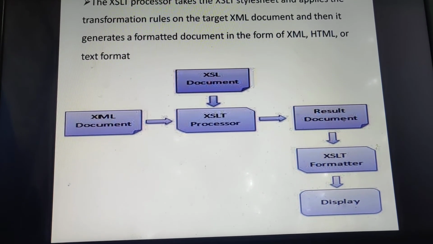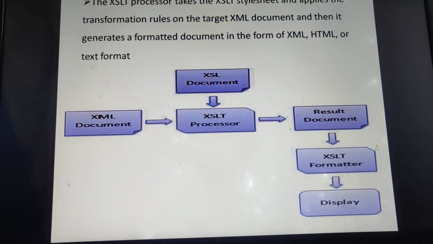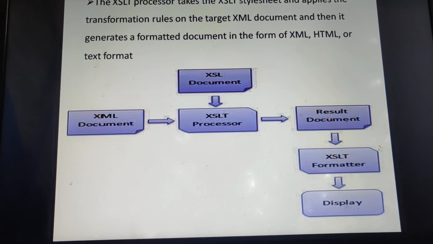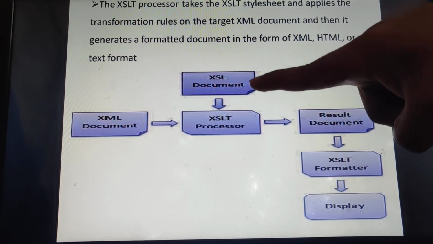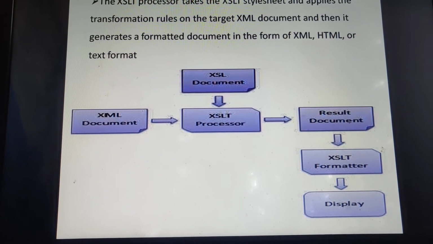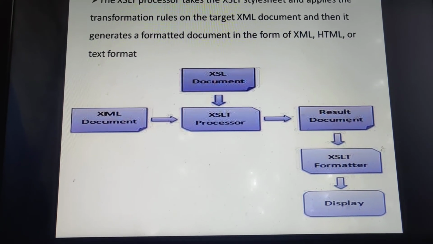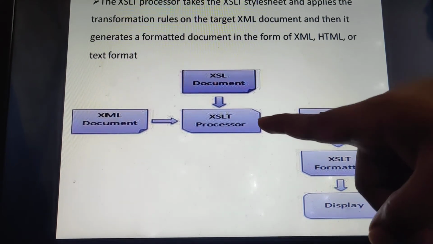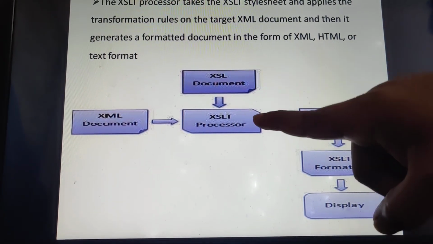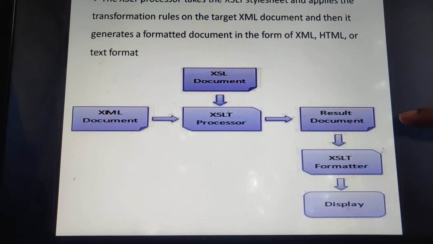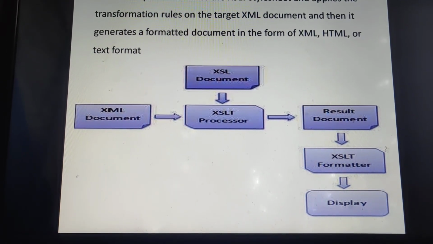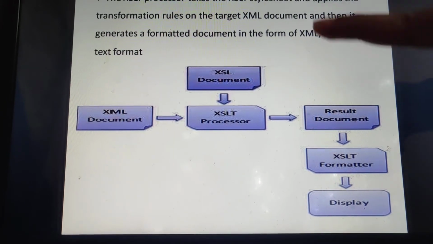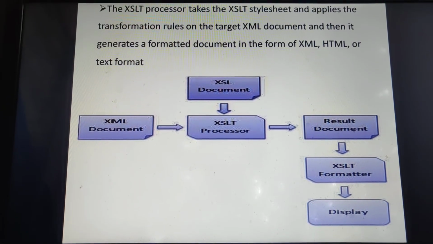Those colors are represented in the XSL document, which is taken by the XSLT processor, and it applies those styles to that XML document. The result document is generated and displayed in the browser. This is the role of the XSLT processor.